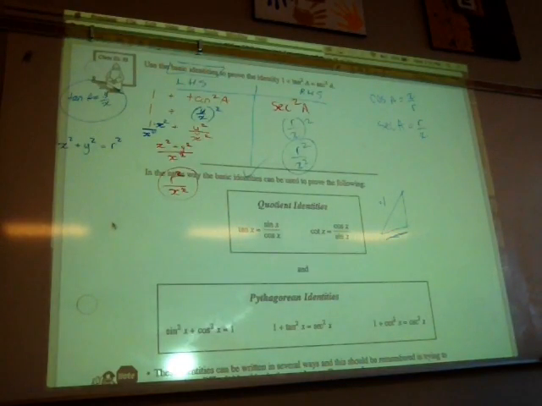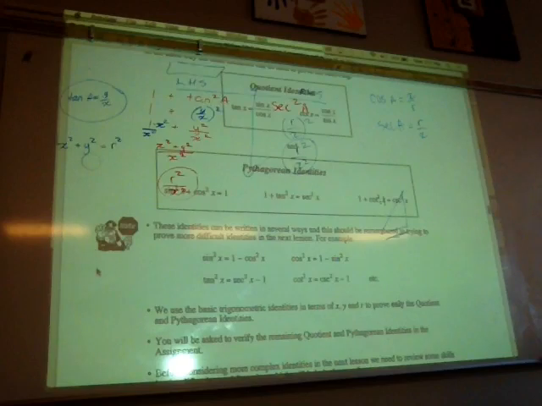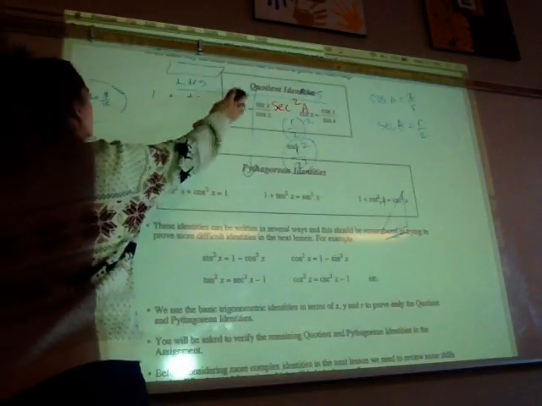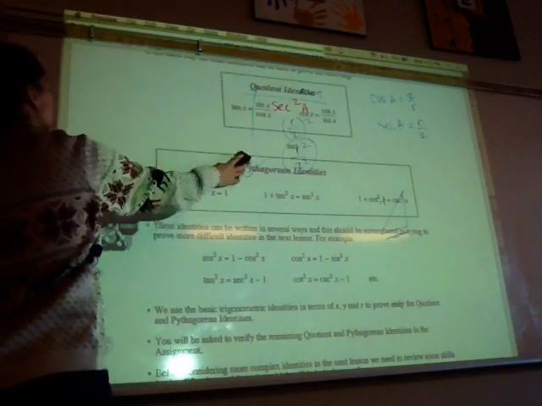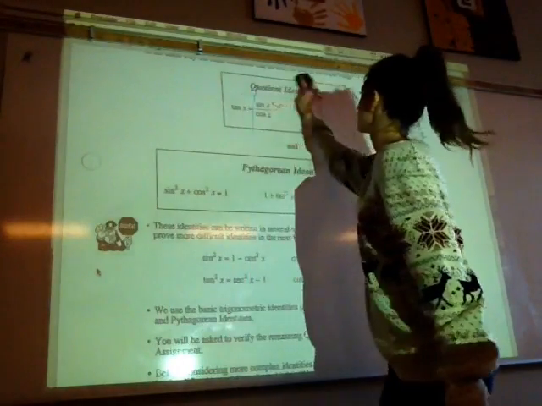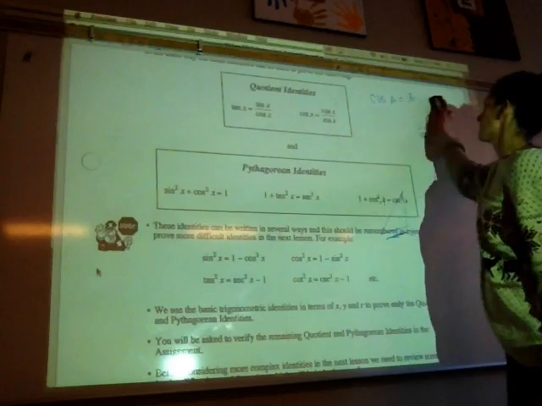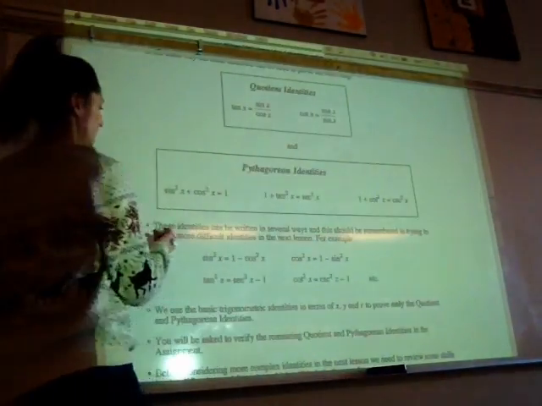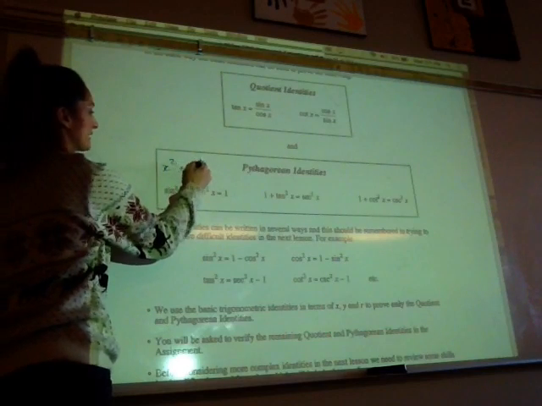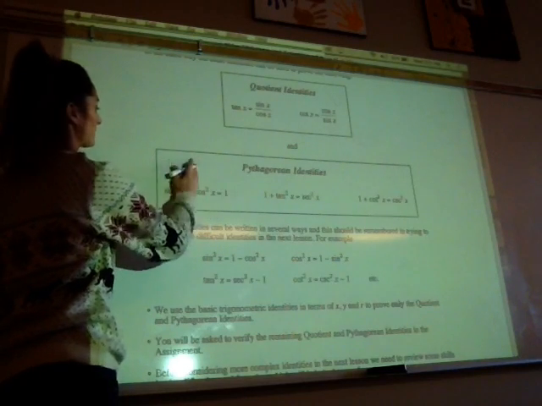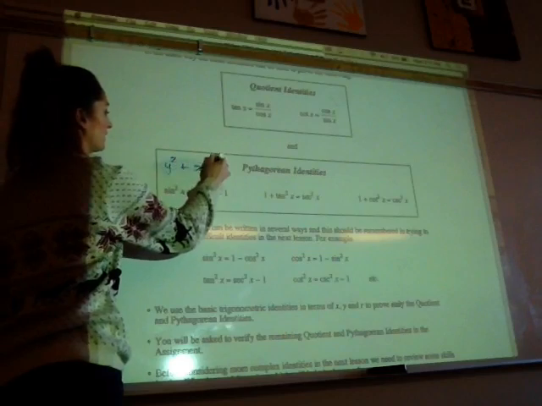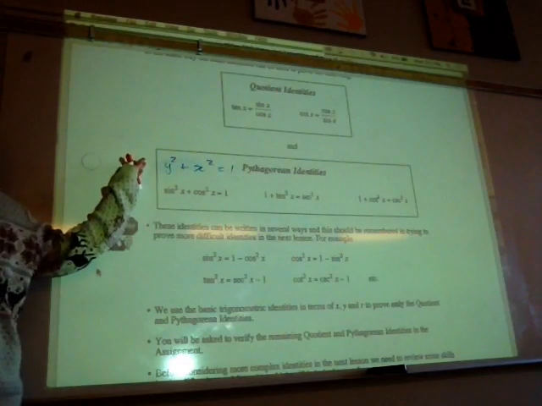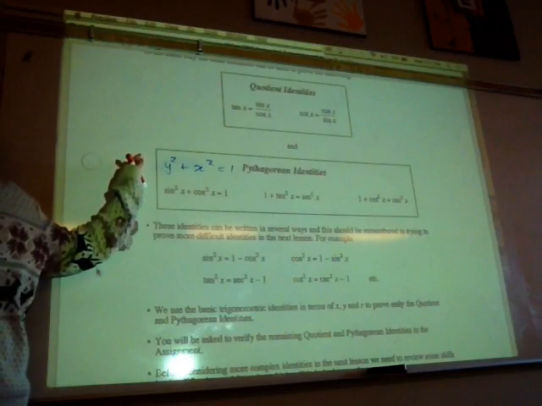Okay, and then we have 3 Pythagorean identities, starting with sine x squared plus cosine x squared equals 1. That's derived from our unit circle. Do you guys remember the basic identity? Maybe I'll write it this way: y squared plus x squared equals 1. That would be the equation of the unit circle.